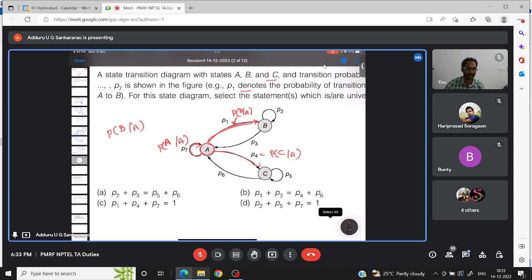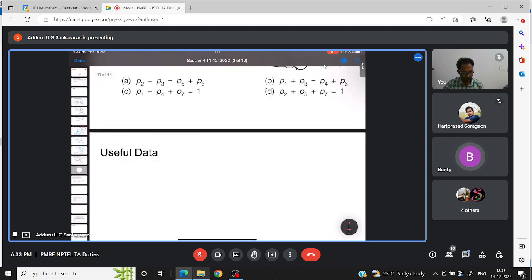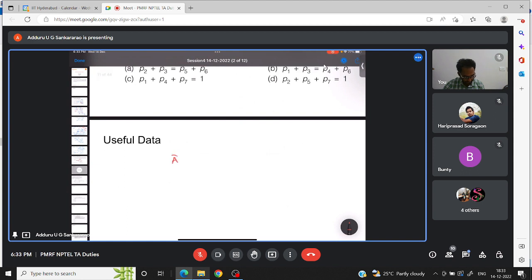Sum of all the transition probabilities for a state is 1, right? Yes or no? Yes, sir. You are in state A, you may go to state B, or you may stay in state A, or you may go to state C.